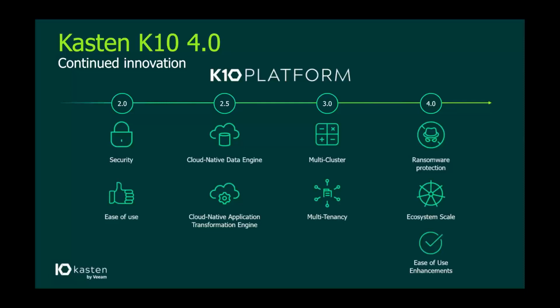We took a pretty big step in terms of ecosystem scale, announcing that we were the first solution officially certified by Nutanix, for example. So we are the only data management solution certified for Karbon and certified Nutanix Ready. We were also the first solution compatible with the HP Ezmeral Kubernetes solution. So definitely a huge step.